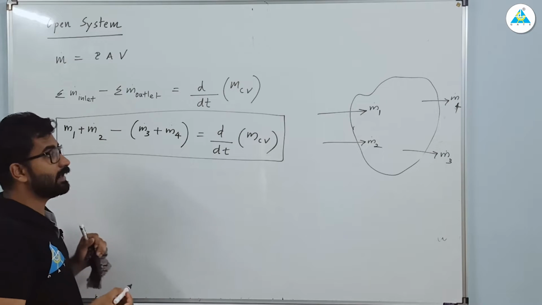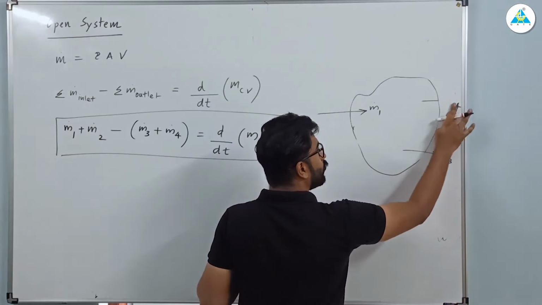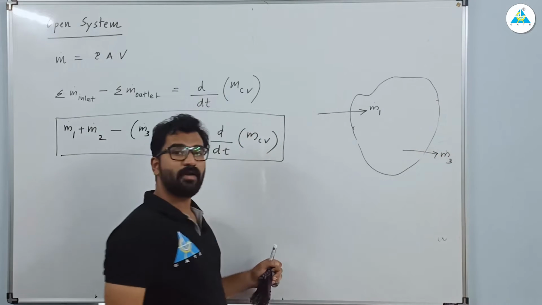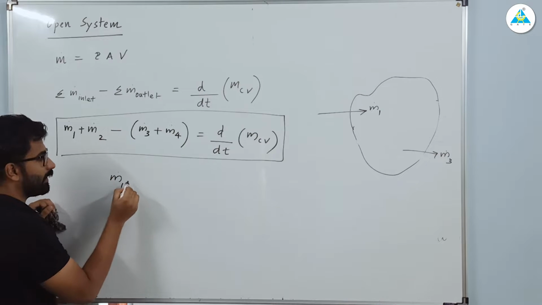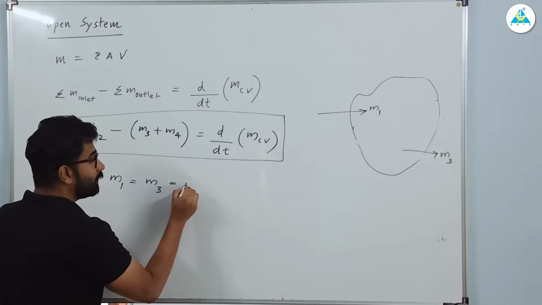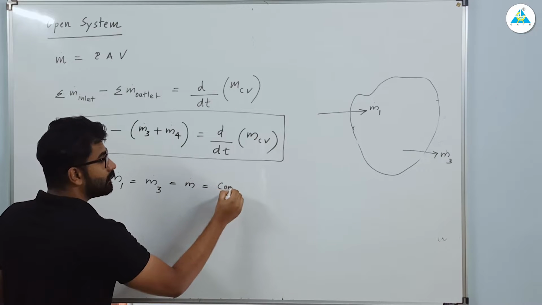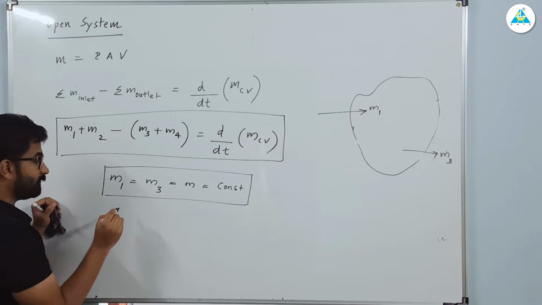And if I have only one inlet and one outlet, we can say your mass flow rate m dot 1 will be equal to your mass flow rate m dot 3, or we can say your mass flow rate is constant. When mass flow rate is constant, how can we represent it?